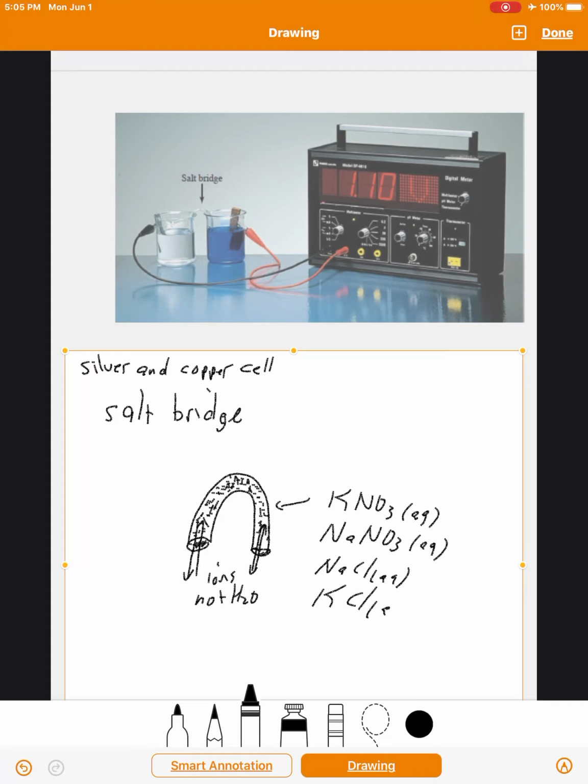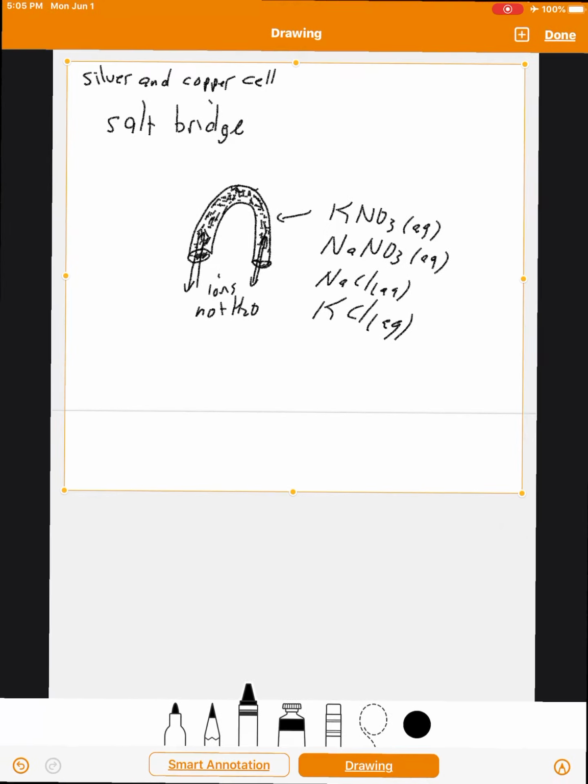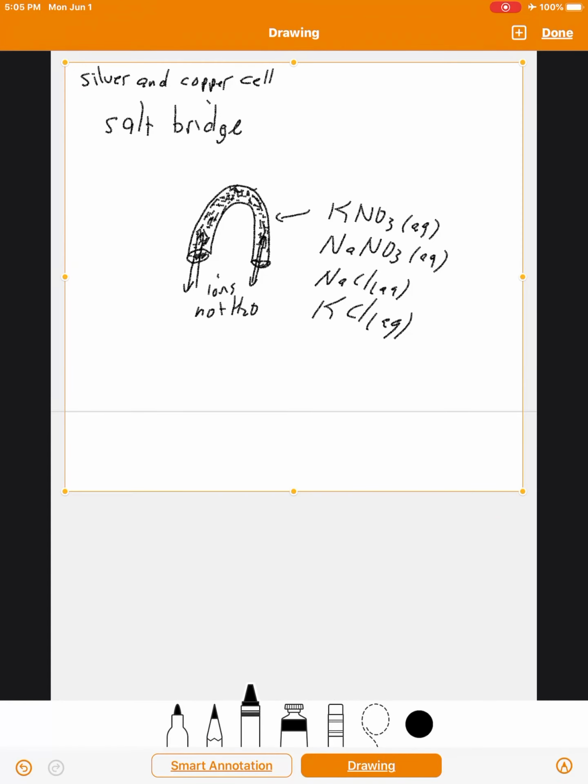So if you take a look at what could be used in this salt bridge, in that saturated solution, it's these group 1 metals with conjugate bases of strong acids, typically. Okay? That's the idea there.